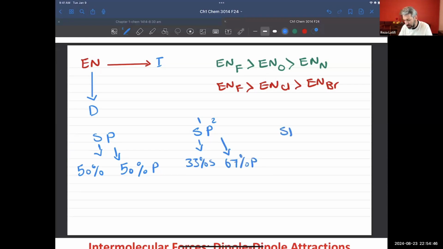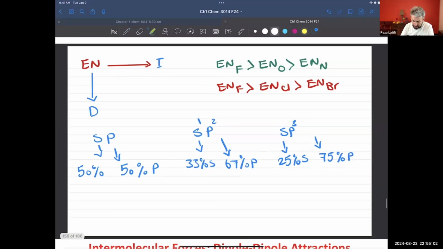And then sp3 is 25% s character and 75% p character. As the contribution of s character goes down, electronegativity will go down.